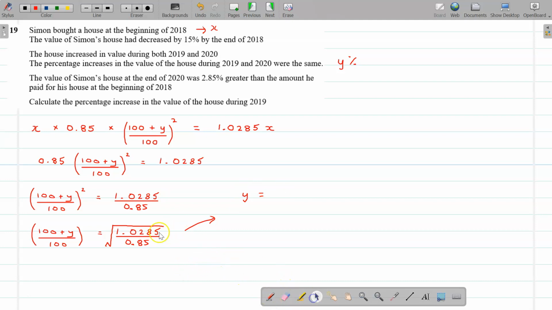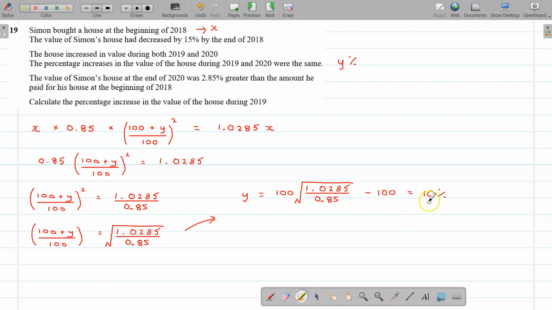Okay, and what I'm going to do is multiply it by 100, put 100 in front of it, and then subtract 100. And if you put that into the calculator, it gives you exactly 10%, exactly. Okay, which is very reassuring. It seems a nice round number.